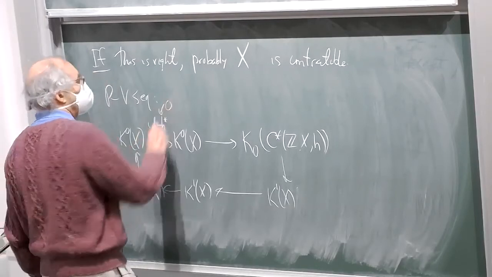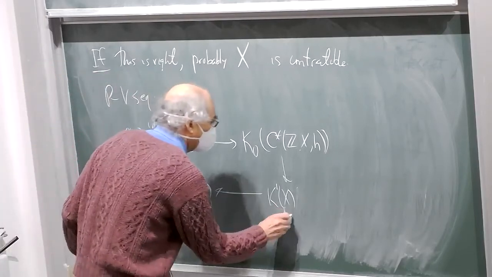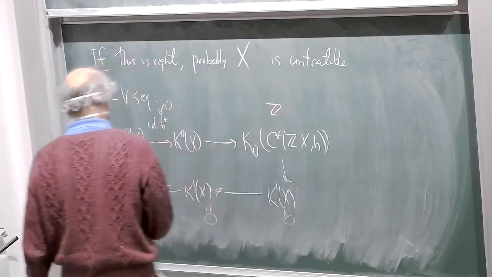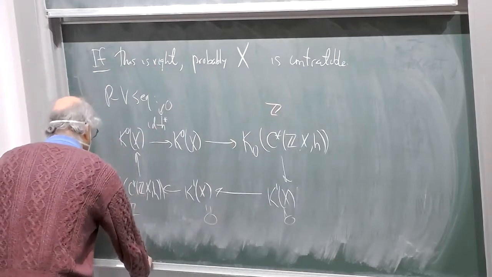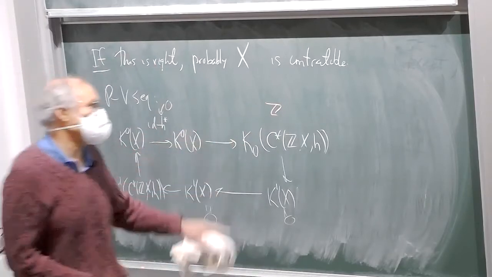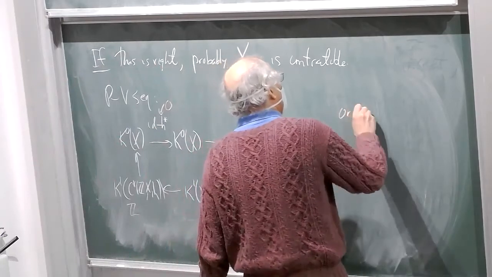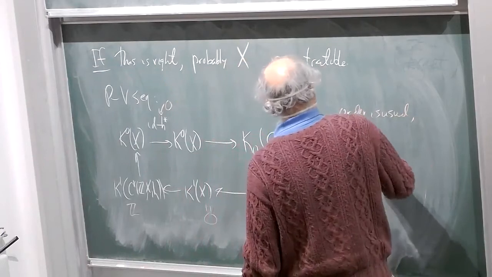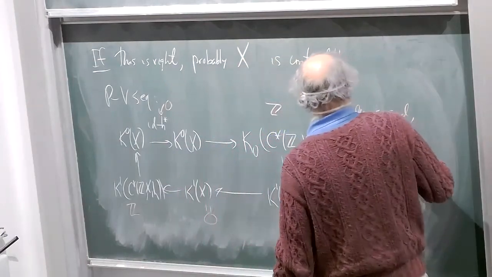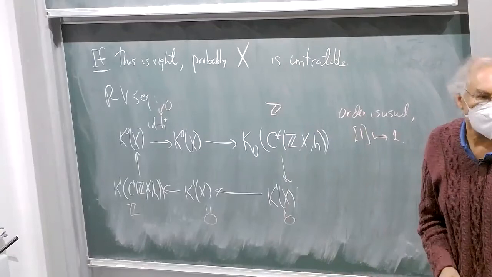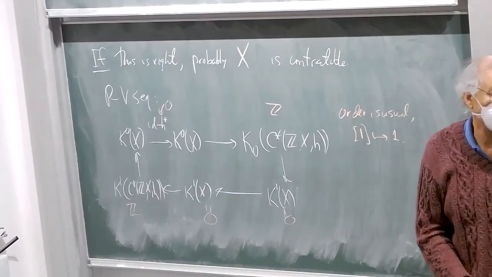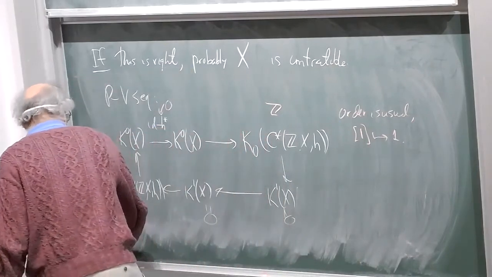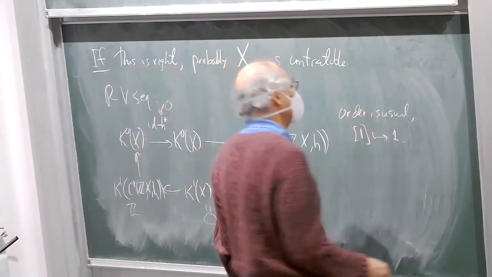This is 0, this is 0, this is 0. So here we get Z, and here we get Z. And the order is the usual order, and the class of 1 maps to 1. Okay, so it's independent of T. So the K-theoretic part of the invariant is independent of T.